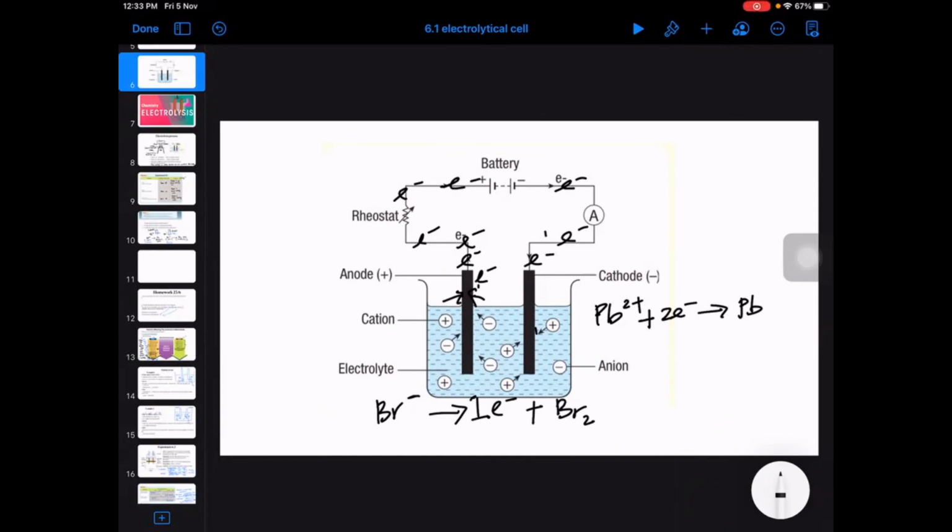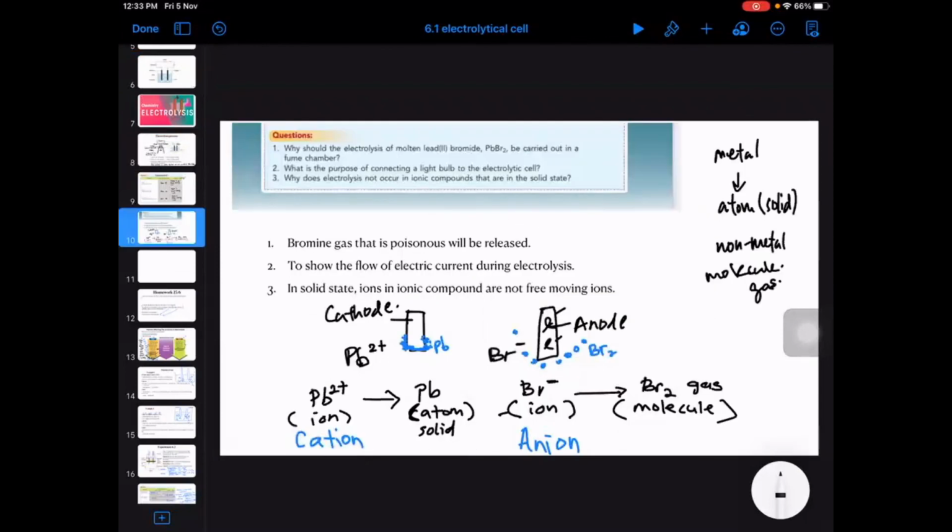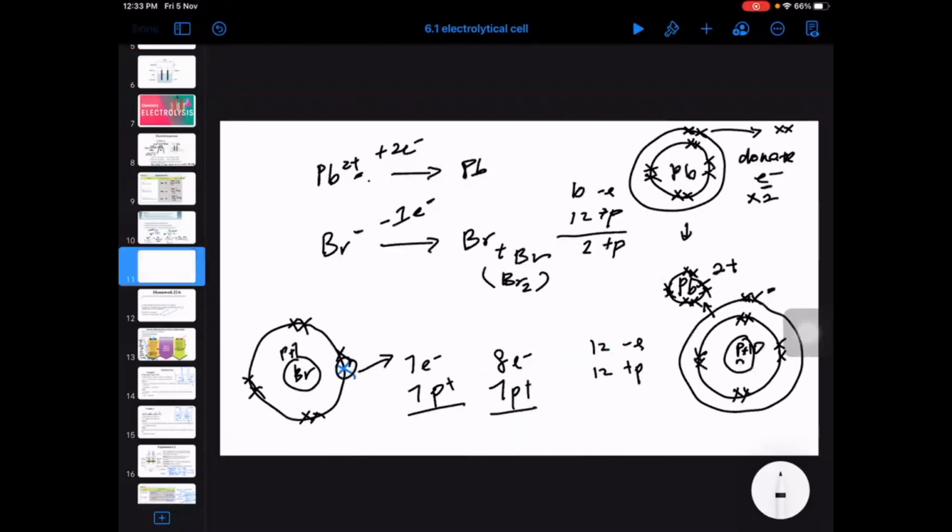When electron moves in the cable and in the solution, the electric current also flows. So the flowing of the electric current and the flowing of the electron occur at the same time, and during that time, all this happens together. Okay, so this is all of the story.